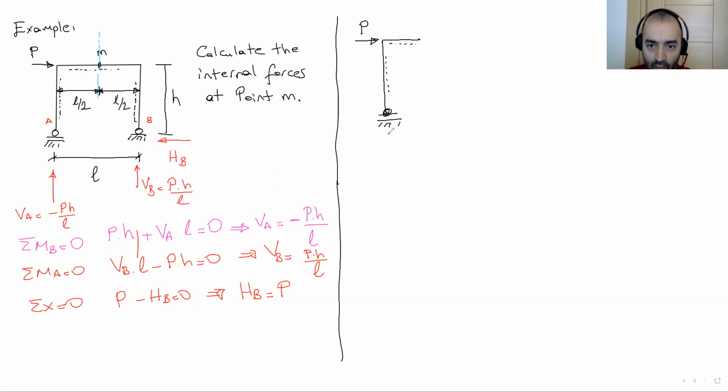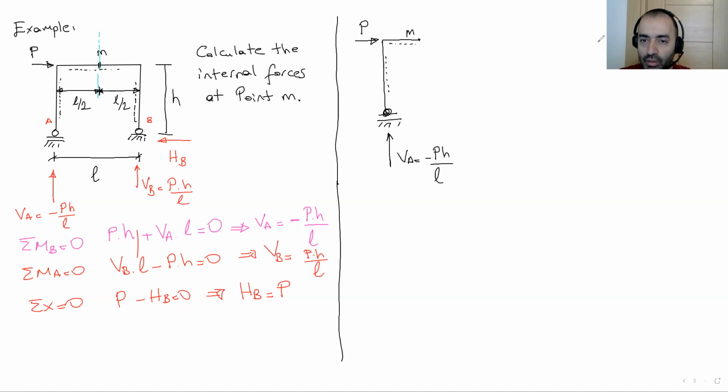So what I have is a vertical VA here, which is minus PH over L. Yes. Now this is point M.